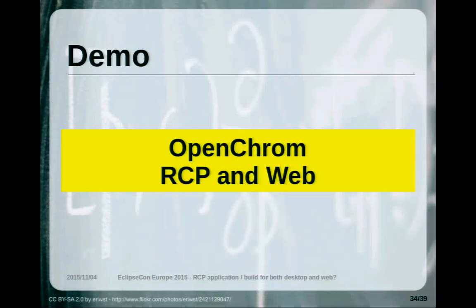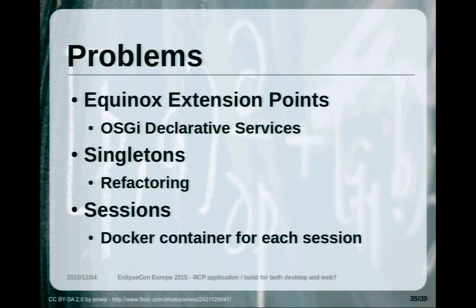But when we go back to the presentation, there are some drawbacks. I faced some problems which I have not solved yet, but I think we can solve them. This is the Equinox extension points. In OpenChrom we have a lot of extension points, for example for file import converters, for peak detection, everything. It is not recognizing these extension points.